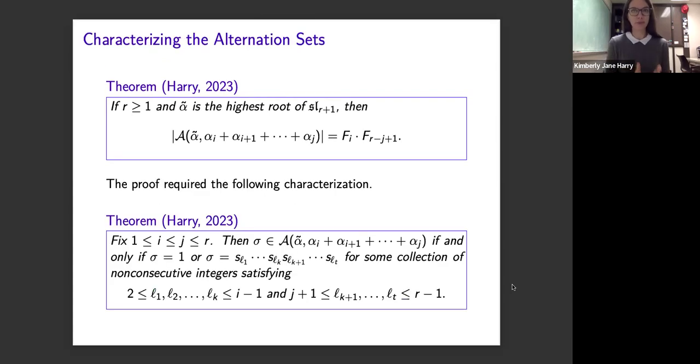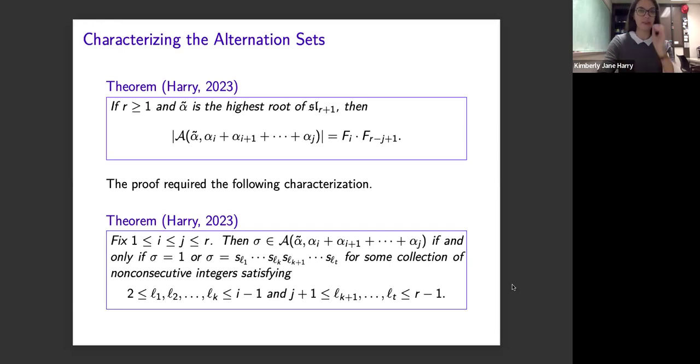Okay, so let's prove my product of Fibonacci theorem. But before we can do that, we have to find the characterization of the elements. So I had to look at this and I said, let's fix my i and j between 1 and r. Then if I have a sigma that's in the alternation set with my mu being a positive root, this happens if and only if my sigma is 1, or a product of s's, where the subscripts of the s's have to be a collection of non-consecutive integers.